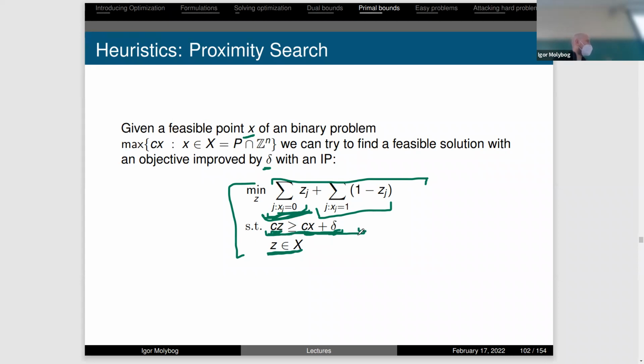So in this case, you're putting your objective function into a constraint, and you can see it commonly in different kinds of reformulations or supplementary problem formulations that are being resolved automatically by the mixed integer solvers while solving your original problem. Any question about the proximity search? No question?